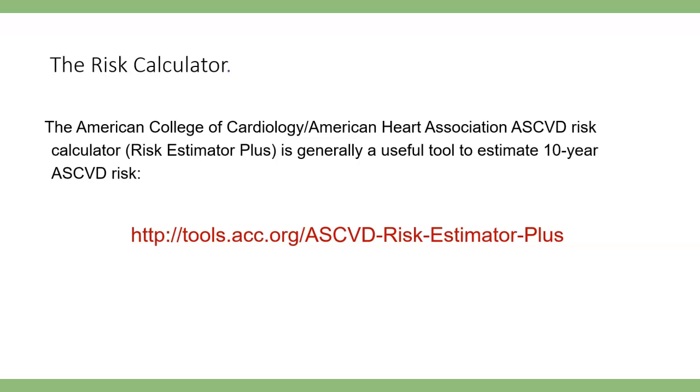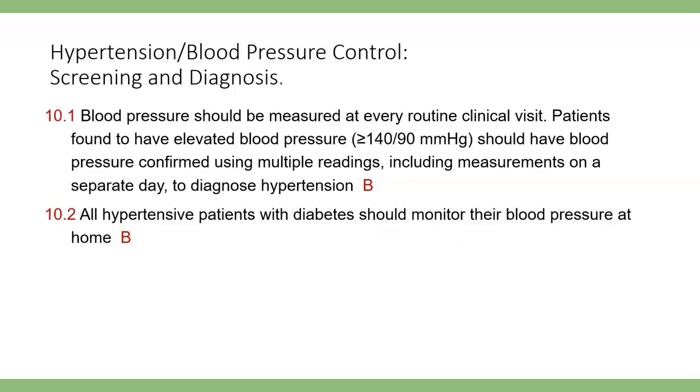It's for those that do not have already established cardiovascular disease, meaning past heart attack or stroke, and they are between the ages of 20 and 79. So I'm going to show you that in a little bit. It's much more enhanced than it has been in the past. But these are just some little tidbits that are important.